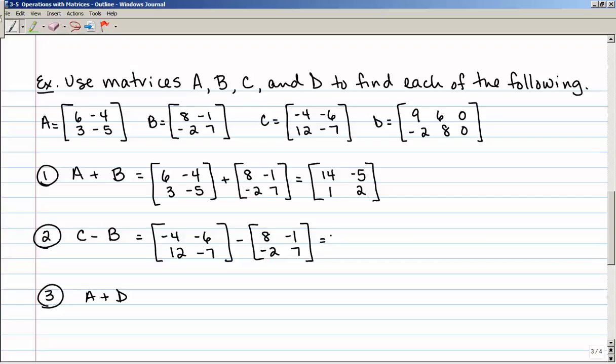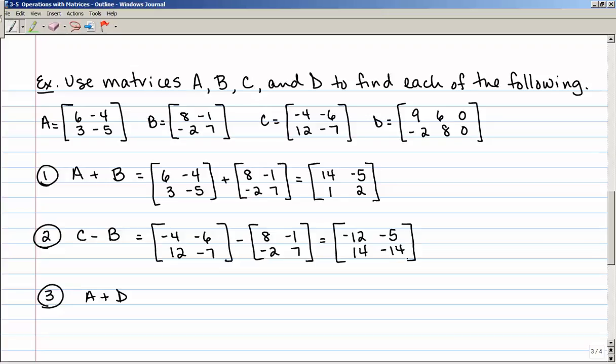Okay, so I have -4 minus 8 gives me -12. -6 minus a -1 gives me a -5. 12 minus a -2 gives me 14. And -7 minus a -7 gives me a -14.